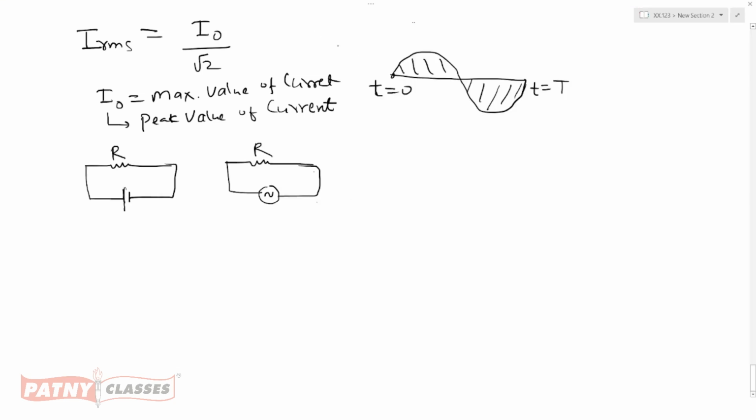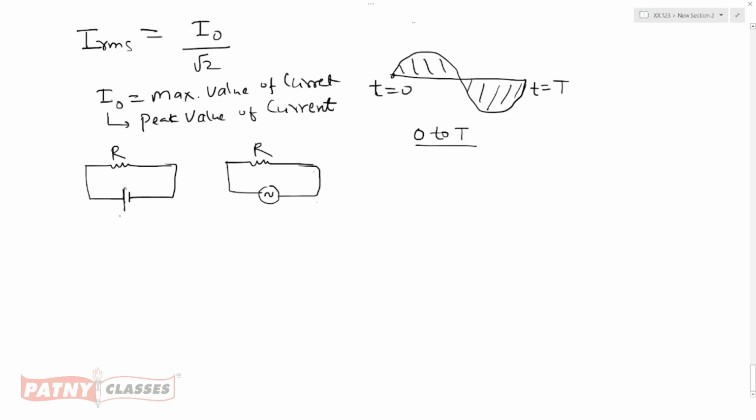Here for one complete cycle, let us take time t equals to 0 to time equals to capital T. So time span is 0 to T. We have to find out the RMS value of current for time 0 to capital T.